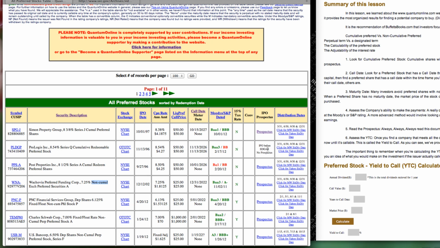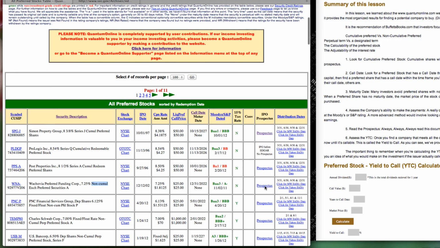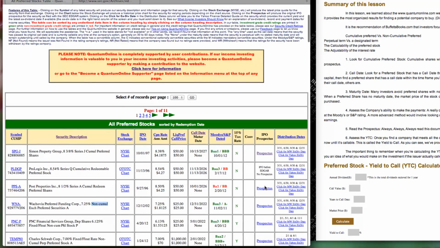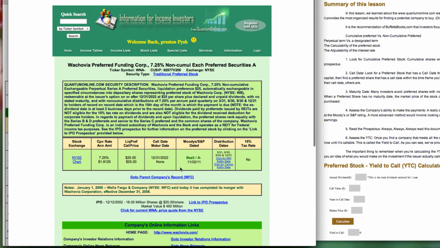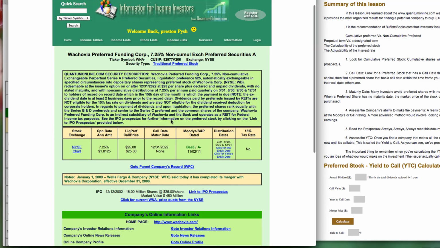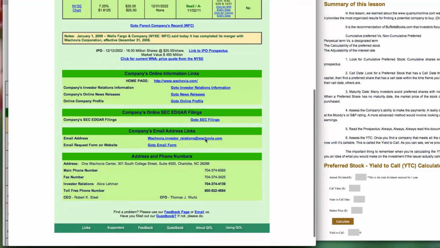And for whatever reason, let's say that you couldn't pull it off of the Quantum Online website, you can go to Wachovia or you can talk to the investor relations. Let me show you something here real fast. Let's say we go over here to the symbol. You click on the symbol, and Quantum Online pulls up all this information specifically for that security. And if you go down, you can see that they have phone numbers listed.